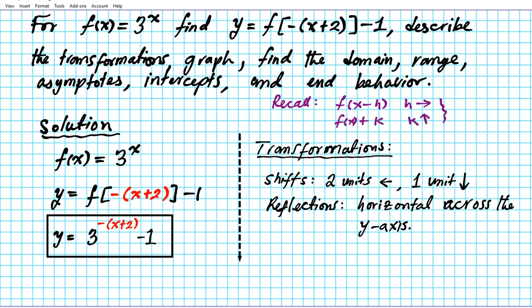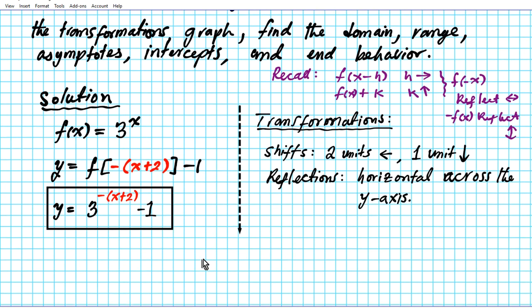And then if you have f of negative x, in this case you reflect horizontally across the y-axis. And if you have negative f of x, your reflection is going to be vertically across the x-axis. So in this particular case, we have the negative inside the function here. That's why we're reflecting horizontally across the y-axis.